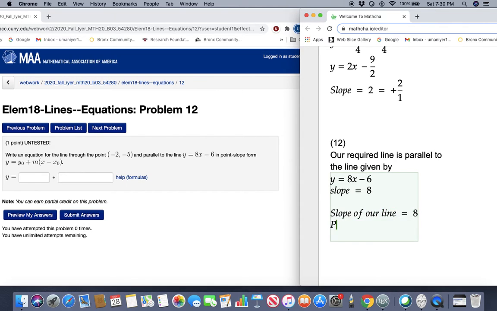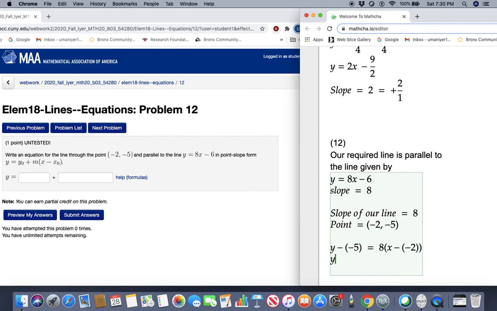You have a point given to you. Point given is negative 2, negative 5. And you have slope given to you. So y minus the y coordinate equals slope times x minus the x coordinate.